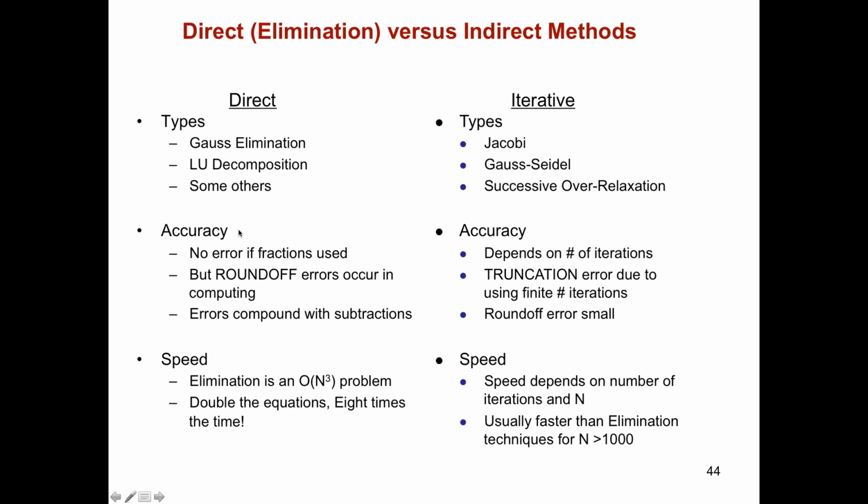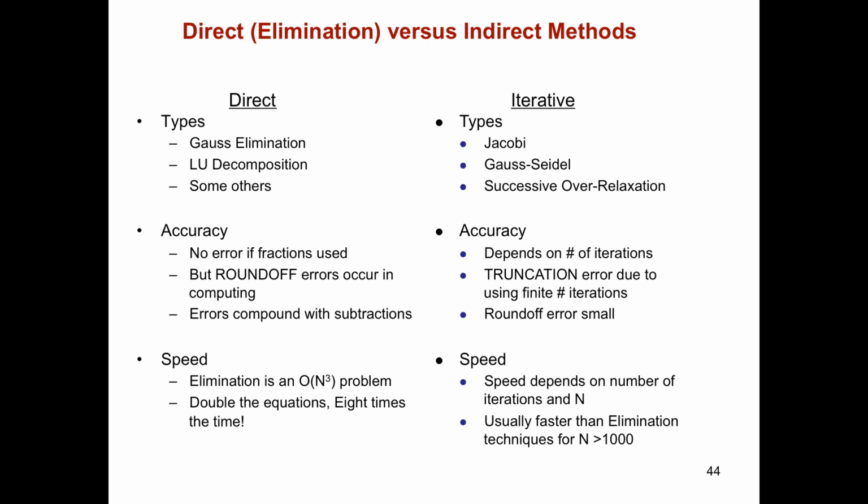And in accuracy, we have a problem with direct methods: round-off errors occur and they pile up in large systems. As I'm doing more and more calculations, over time I'm going to pile up too much error.